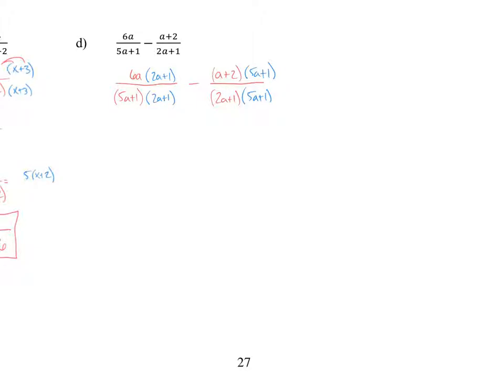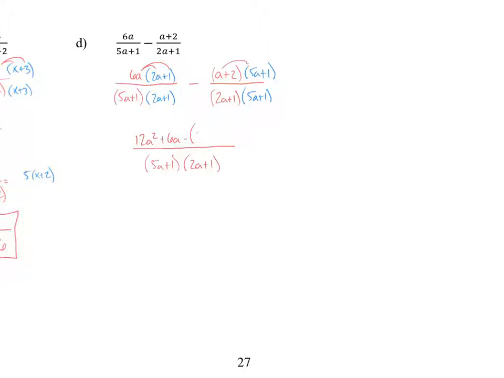So my new fraction is going to have a denominator of 5a plus 1 times 2a plus 1, in whatever order you want to write them. And my numerator is going to be 12a squared plus 6a, minus, and let's put these together.